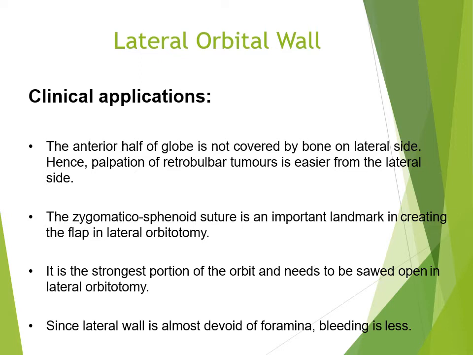If any injury occurs from the temporal side of the orbit, as it is a very tough bone, the injury to your globe is avoided. And as it covers half of the globe, any tumors are easily palpable and easily felt through the lateral bone.